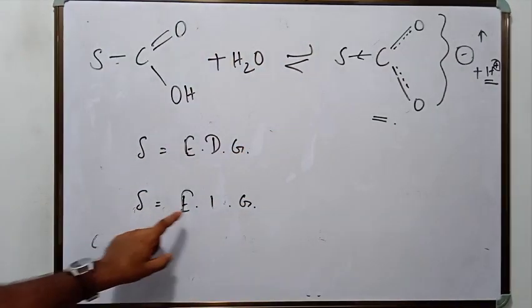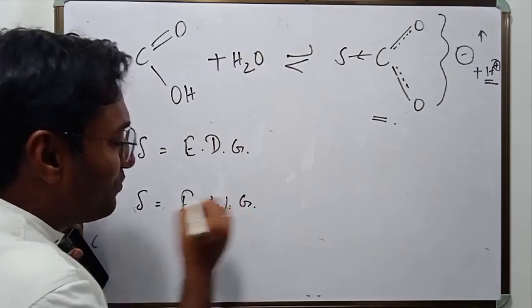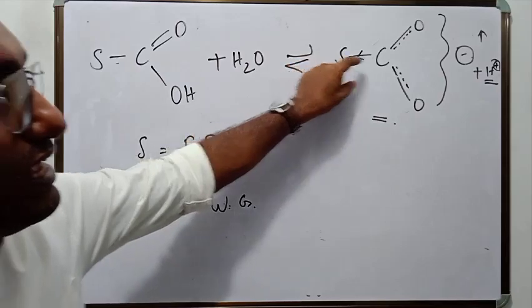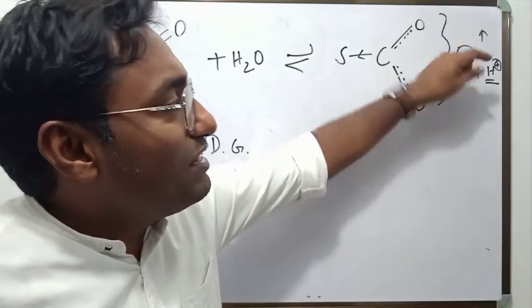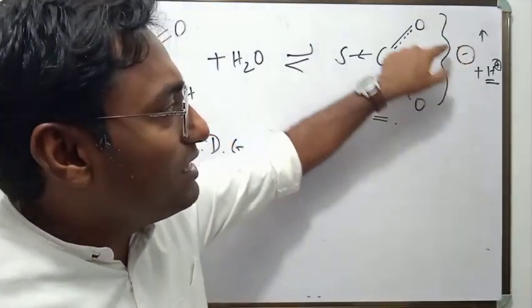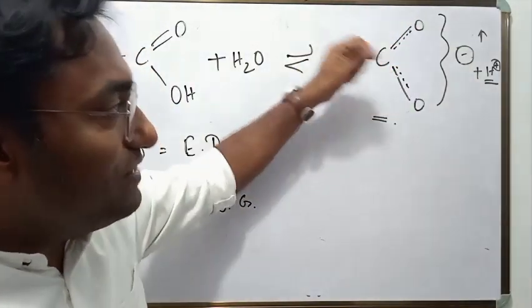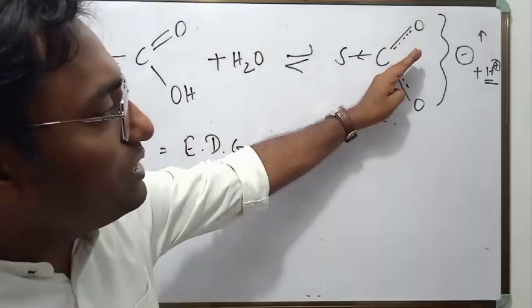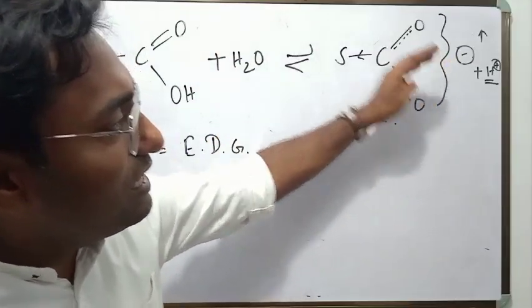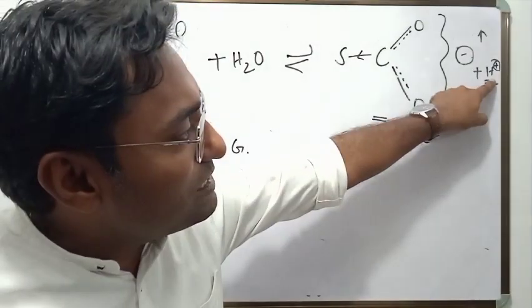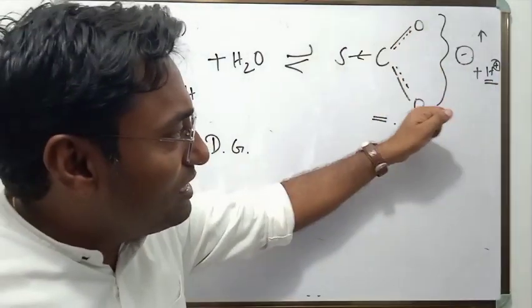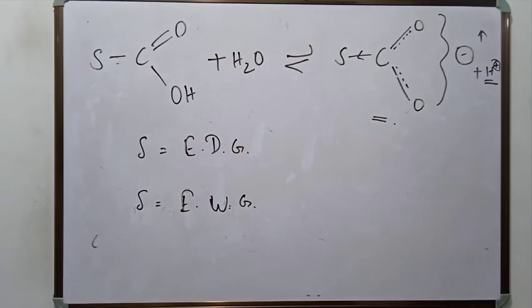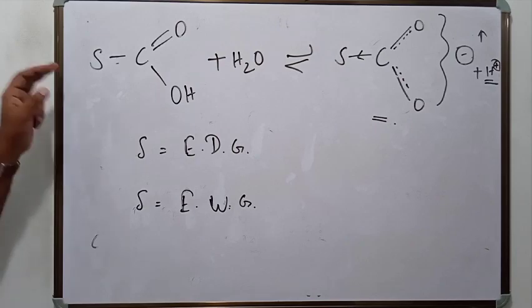If an electron withdrawing group is there, it would make the negative charge very less, the carboxylate salt very stable, and the reaction proceed forward. That would result in more H plus ion formation, meaning the acid is more acidic in nature.